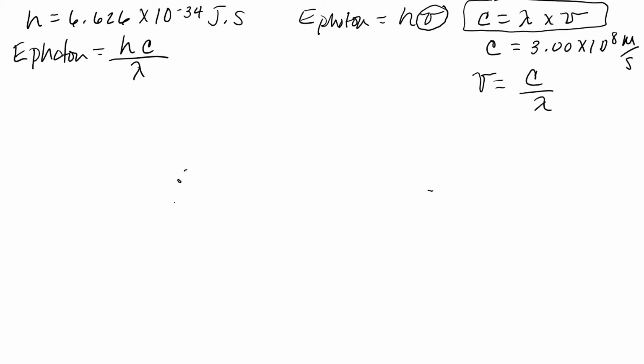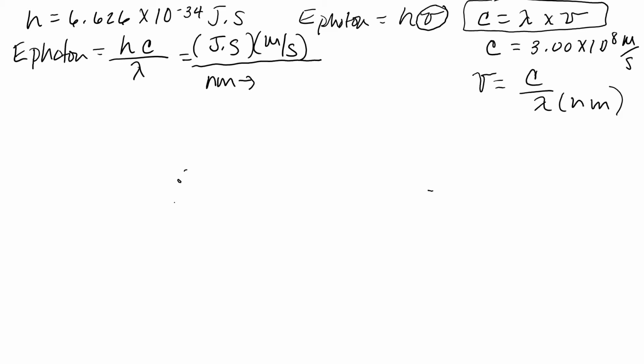Okay. If we substitute our units here, the speed of light is meters per second. Lambda is usually given in nanometers. So we will have to convert nanometers to meters in order to get our units to cancel and end up with just joules.